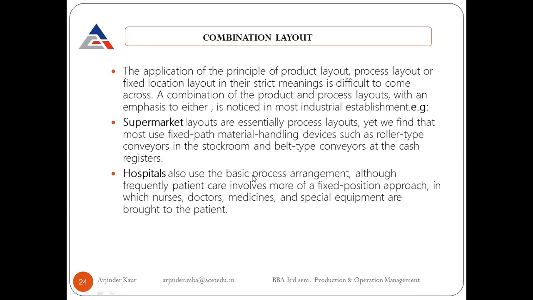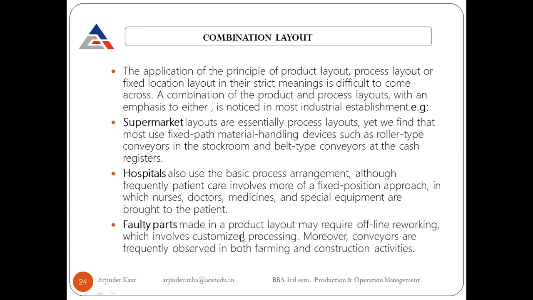Hospitals also use a basic process arrangement, although frequently patient care involves more of a fixed position approach in which nurses, doctors, medicines, and special equipment are brought to the patient. Faulty parts made in a product layout may require offline reworking, which involves customized processing. Moreover, conveyors are frequently observed in both farming and construction activities.